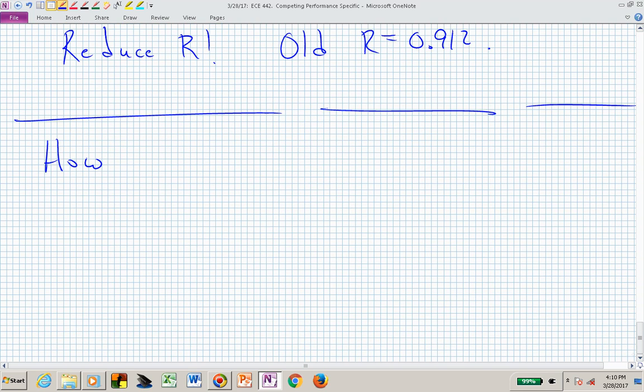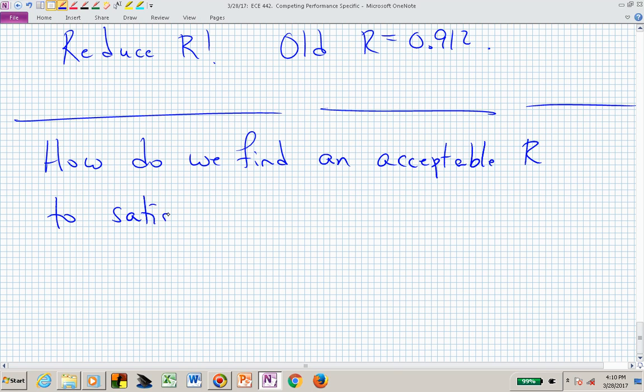Let's now see, how do we find an acceptable r to satisfy three specifications simultaneously?